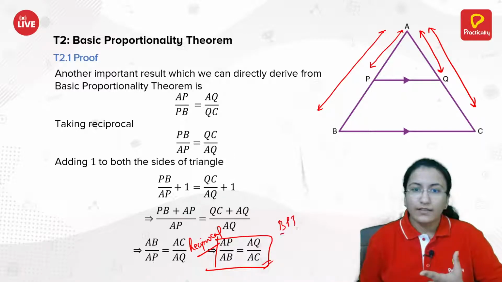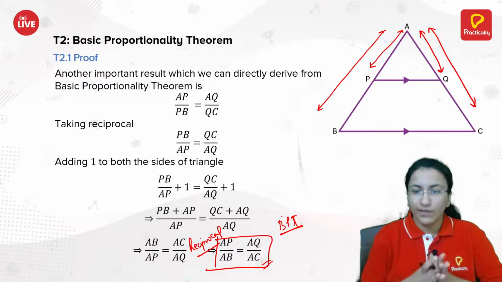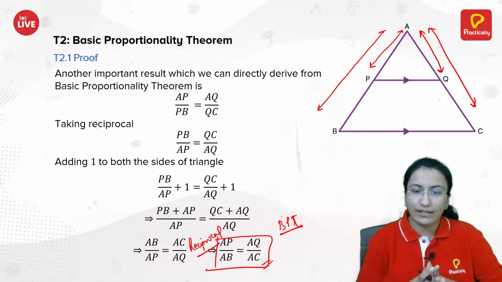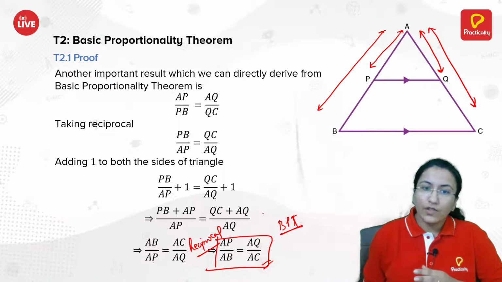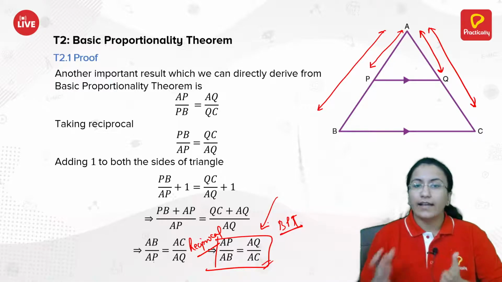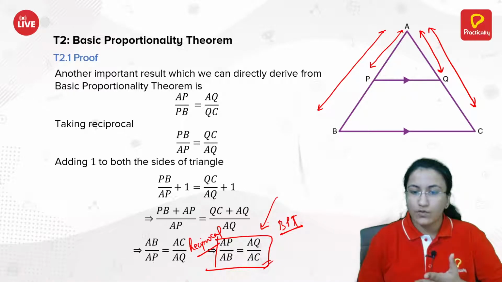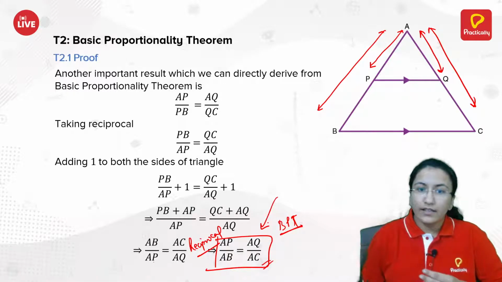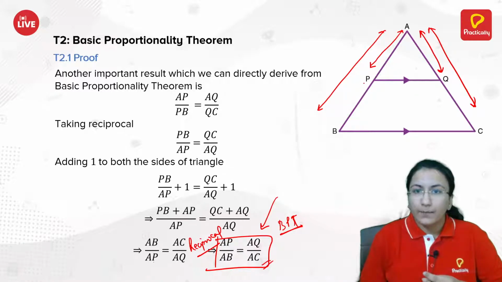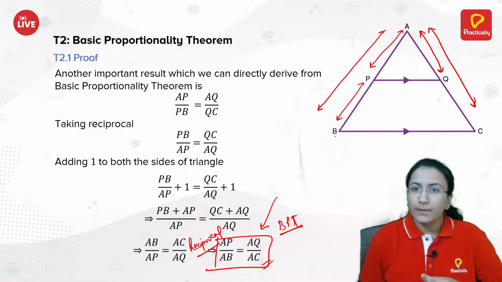This is another result which is actually considered quite similar to your basic proportionality theorem. So you can even use this result directly in most of your questions. And you can say that you have the result AP by AB is equal to AQ by AC, right?